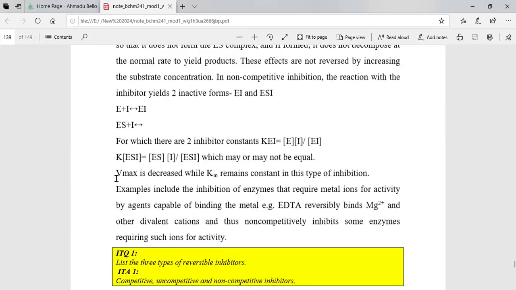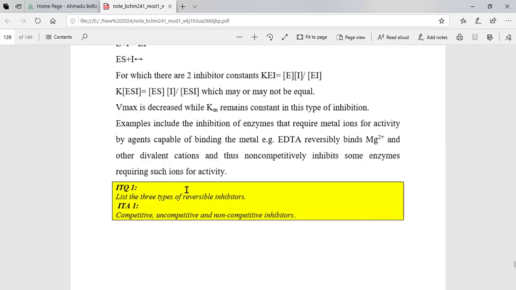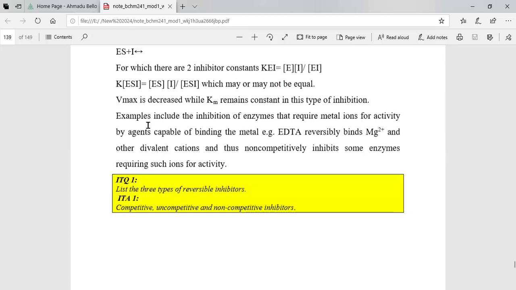The Ki for the enzyme substrate inhibitor complex is the product of the enzyme substrate complex and the inhibitor concentration over the enzyme substrate inhibitor complex concentration, which may or may not be equal. Here Vmax decreases while Km remains constant. Please take note of this little information.